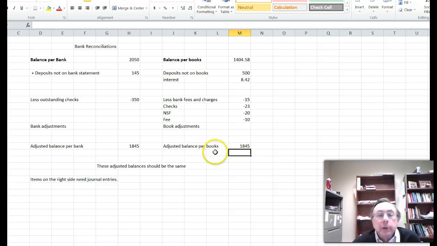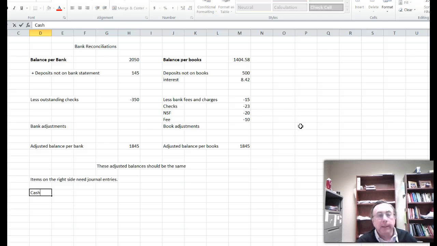Okay? So things on the right-hand side need to be journalized. All right, so what are we going to do? Because they're not on our books yet, we got to put them on our books. Deposit on our bank account, so I'm just going to put the pluses together. So cash, we're going to debit $508.42.